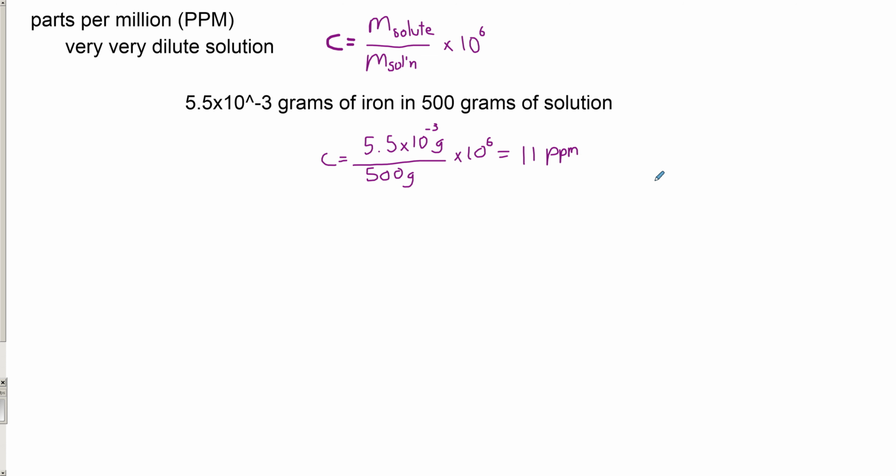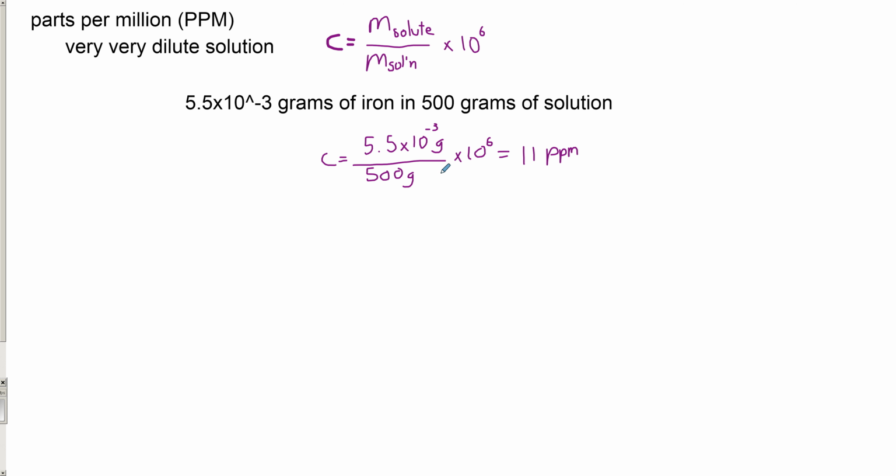So 5.5 times 10 to the minus 3 grams is a very, very small amount of grams. It's actually 5.5 milligrams. Milligram measurements are very, very tiny. Remember, a milligram is 1,000th of a gram. So you need 1,000 milligrams in order to equal 1 gram.